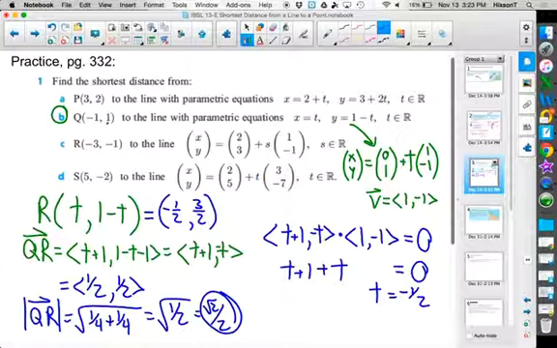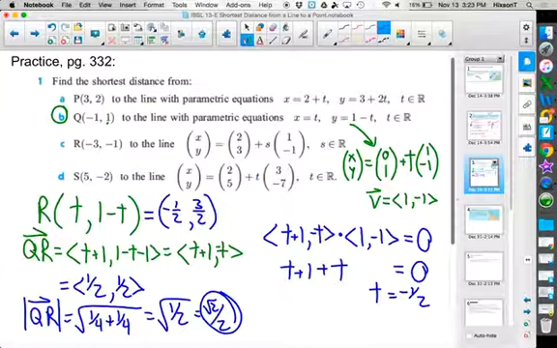Because you would say (1/2) squared plus (1/2) squared, square rooted. Okay? Any questions? Okay. All right.